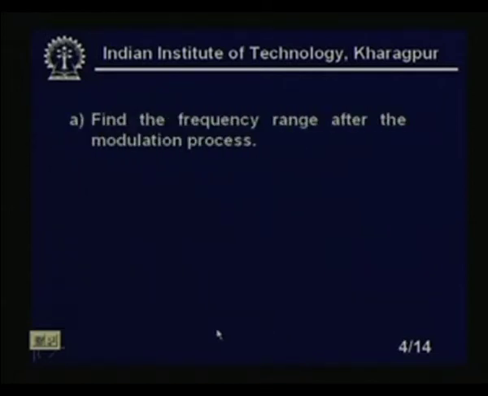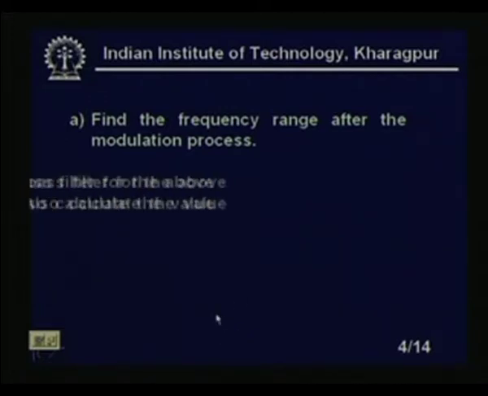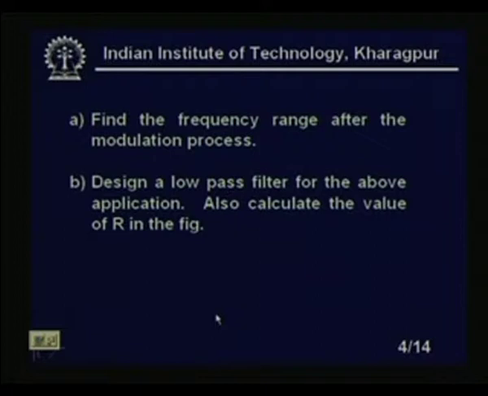Part A: find the frequency range after the modulation process. Part B: design a low pass filter for the above application. Also calculate the value of R in the figure, the resistance values shown in the diagram.